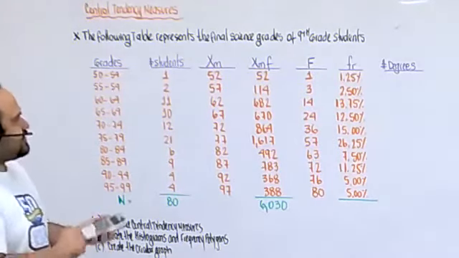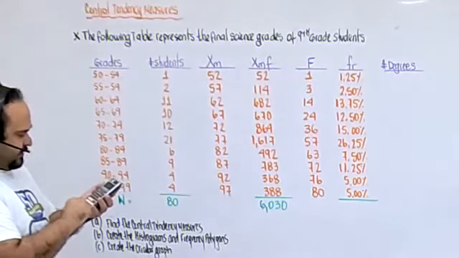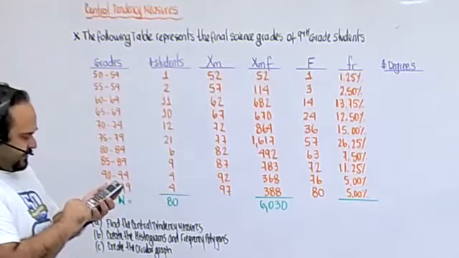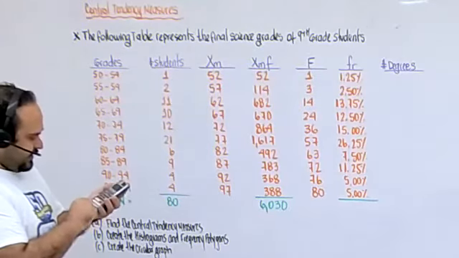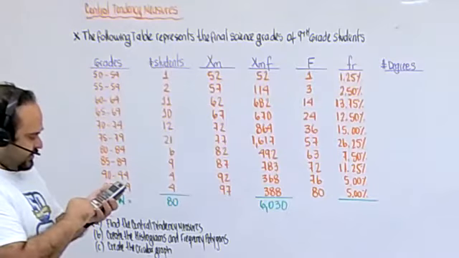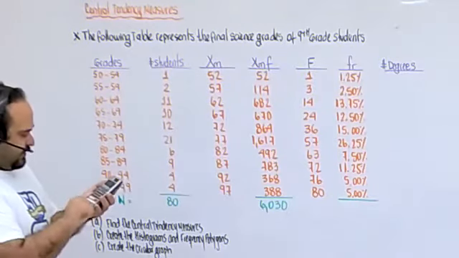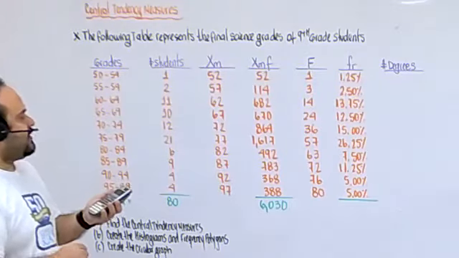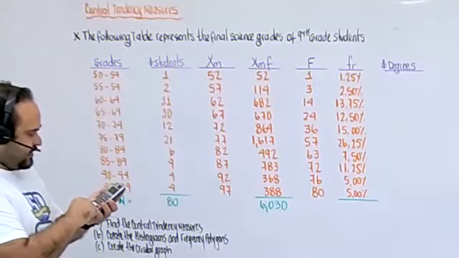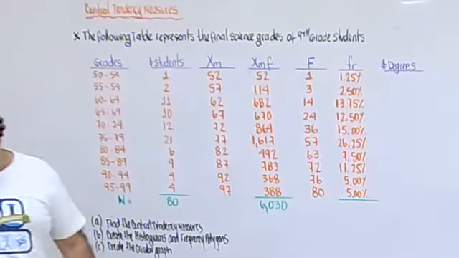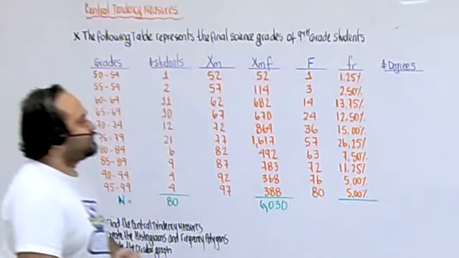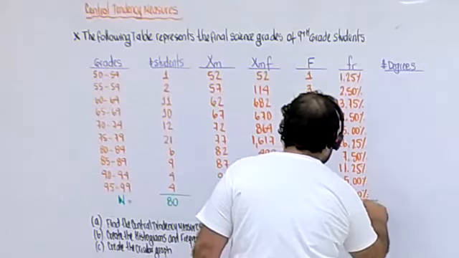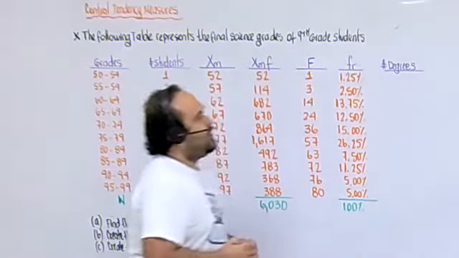Okay, let's check the answer. 1.25 plus 2.50 plus 13.75 plus 12.50 plus 50 plus 26.25 plus 7.50 plus 11.25 plus 5 plus 5. The answer will be 100%. Okay? 100%.